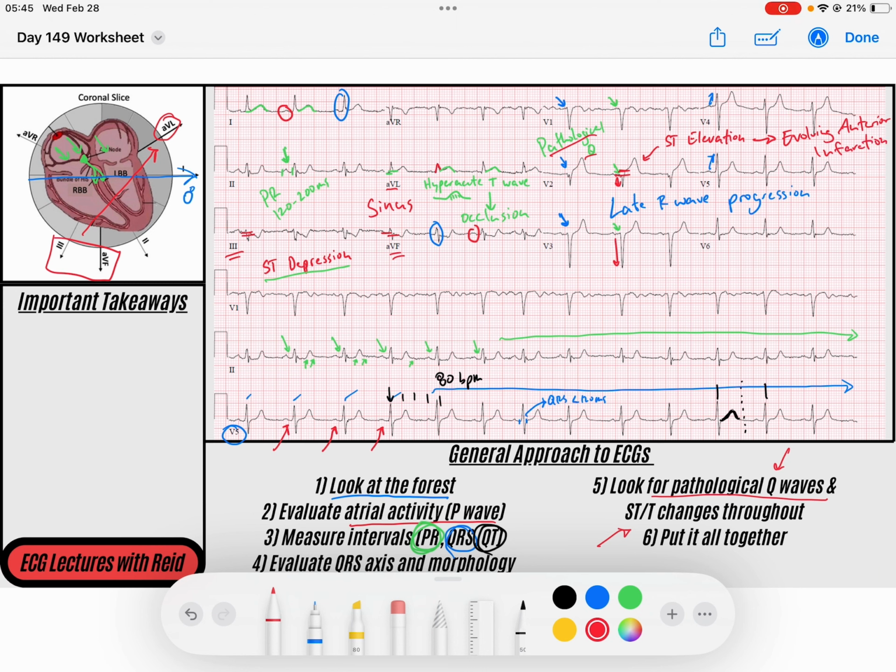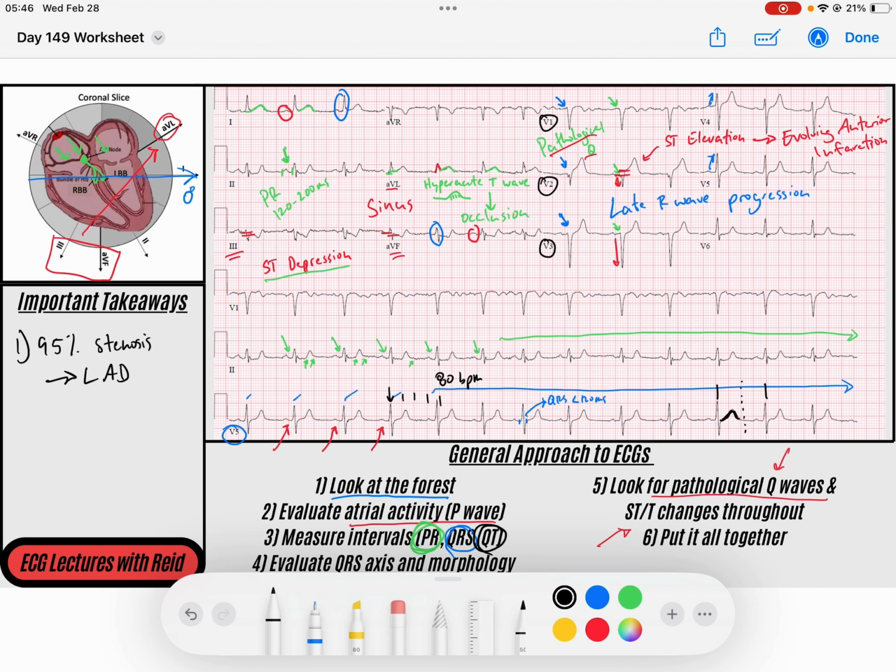So this is a hard case, but luckily I can give you the outcome. This patient went to the cath lab, and what did they find in the cath lab? They found 95% stenosis of the left anterior descending, which explains the findings in V1, V2, and V3.